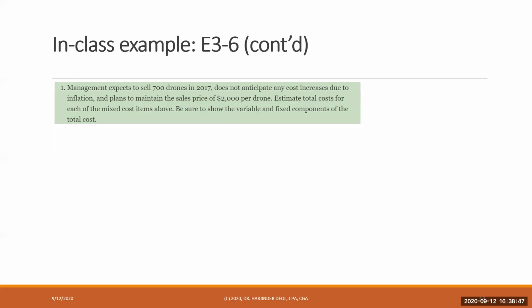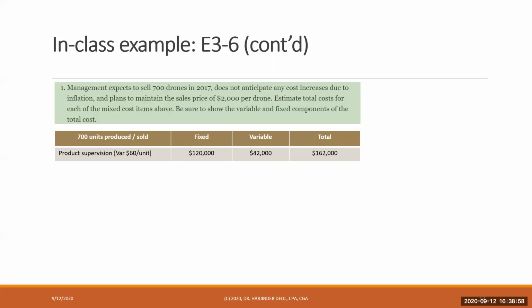It's asking us to estimate the total cost for each of the mixed cost items that we calculated in the earlier slide. So with 700 units produced and sold, for product supervision, we had calculated a fixed cost portion of $120,000, and a variable cost per unit produced of $60.